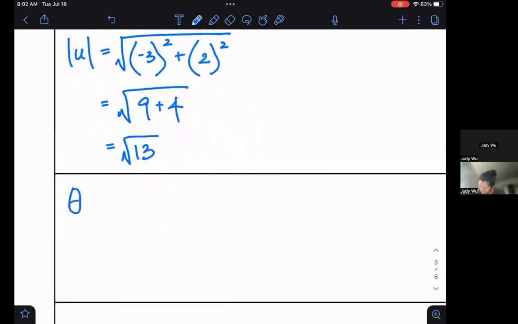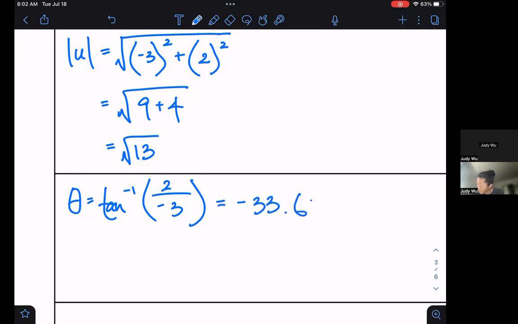So theta equals the inverse tangent of b over a, so 2 over -3. Now this, unfortunately, is not one of our nice unit circle values. So we can use our calculator to find this. But when we type this into our calculator, it tells us the answer's -33.69 degrees, okay?